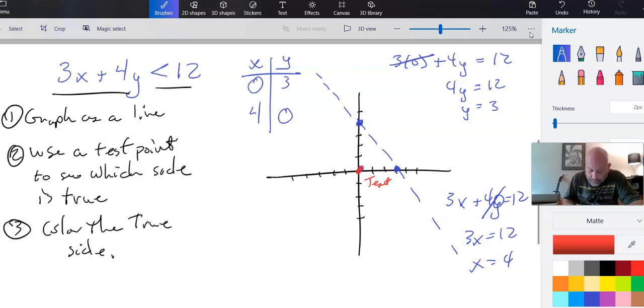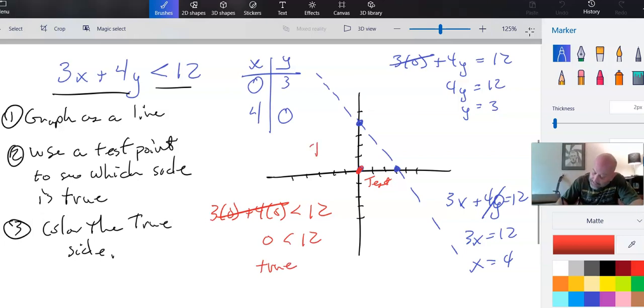So that's what I'm going to use as a test. If I plug in 0, 0, I have 3 times 0 plus 4 times 0 is less than 12. Well, that makes the computation wonderful. 0 is less than 12. That's true. And that means this side of the line is true because the test point came out true, which automatically makes the other side false.